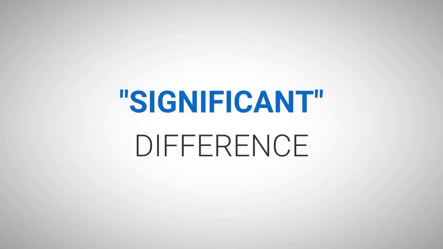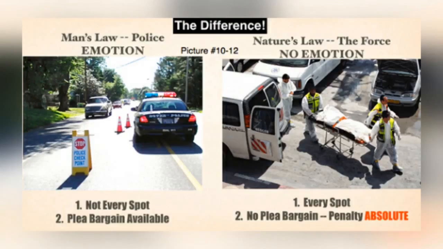Fortunately, the penalty imposed by man's traffic law is not nearly as severe as the one delivered by the force. See picture number 10-11 below. Significant difference. Picture number 10-12 below is a synopsis of the major differences between man's law, Title 21, and nature's law, the force.